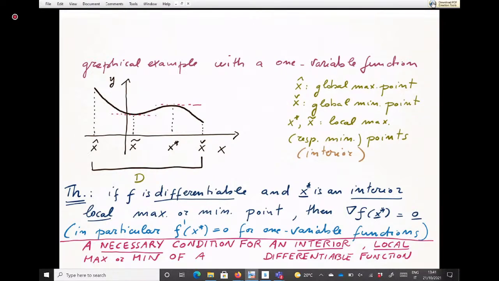No. I didn't say that we cannot consider what happens on the boundary of our domain. We must do that if we have a problem in which the domain of choice is a closed set. But what I'm going to say next, this theorem only applies to those global maximum or minimum points that are interior to the domain.